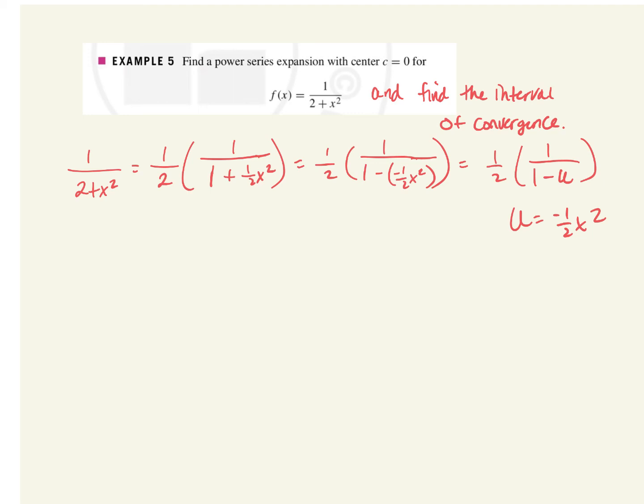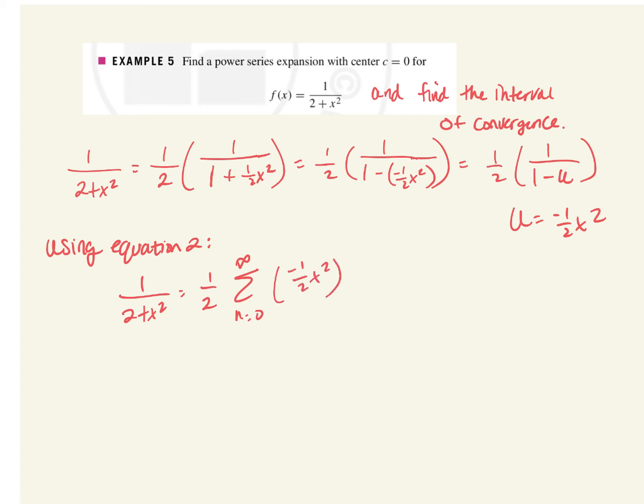So if we use that equation from before, using equation 2, we could say 1 over 2 plus x squared is equal to 1/2, because we took that out, summation n equals 0 to infinity of our u, or our x, whatever you want to call it, negative 1/2 x squared to the n power.